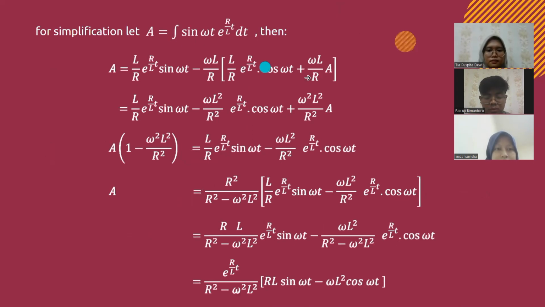For simplification, let A equals the integral of sin omega t e to the power R over L t dt.